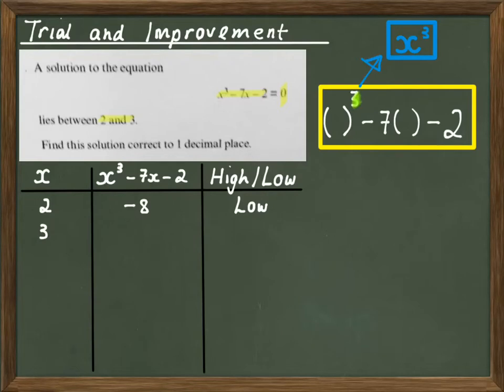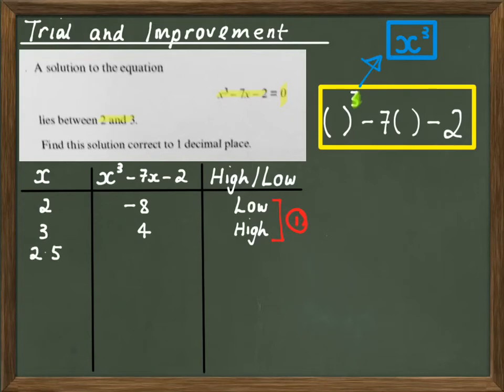When you type that in and you press equals, you should get the answer of 4. And next to that, then you notice I've written high. Okay, 4 is obviously too much because we want 0. Them 2 steps get you your first mark. Now the next step is for realizing that 3 is too high, 2 is too low. So I'm just going to try dead in the middle between them 2 numbers.